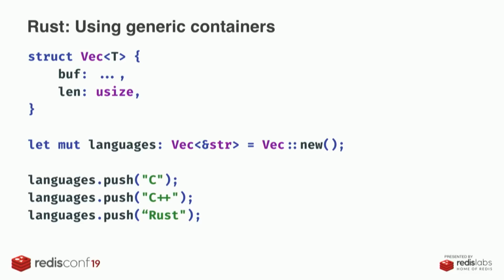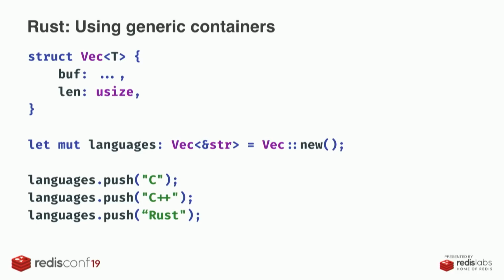So if we look at the definition of this vector in the Rust code, inside it has a buffer which has the actual data, and it has a length which knows how many items are inside. The T notation means anything. We can put anything inside. And at compile time, like in C++, the compiler will put in the correct type. So we create a mutable variable named languages.